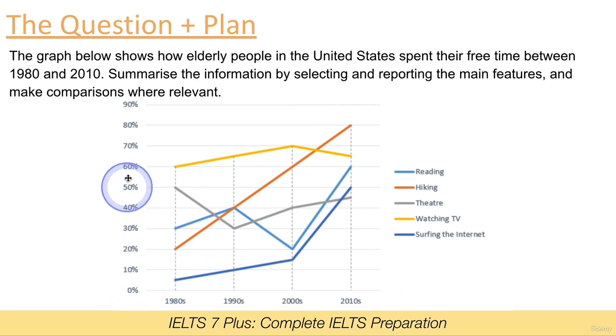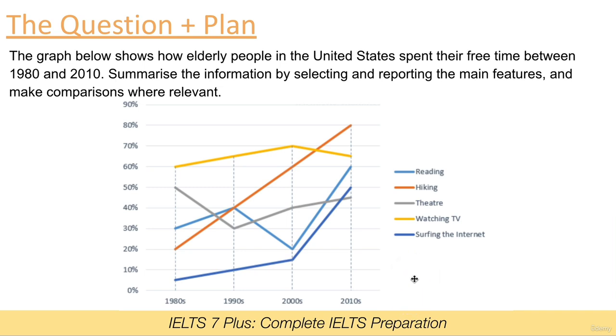Right, and then on the y-axis we have the percentage. So how much of their free time is being spent in what capacity, and we've got the different ways. So for example, reading, hiking, watching TV, and of course the line graph shows how this changes over time.